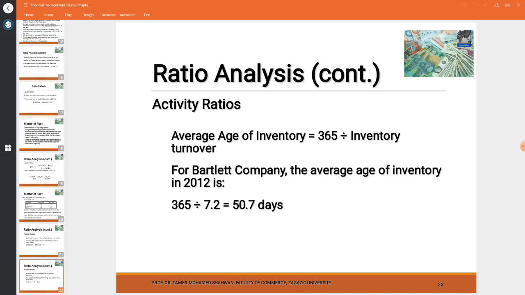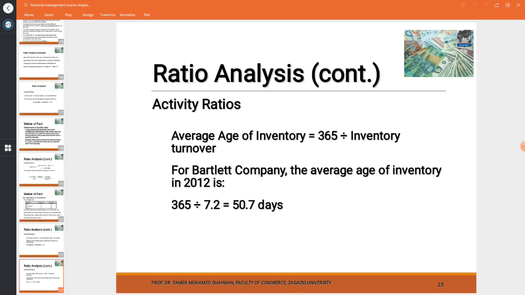You are interested to determine how many days it is required from this firm to get rid of its inventory. This could be determined by 365 divided by the calculated inventory turnover.